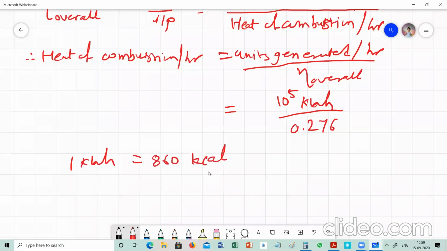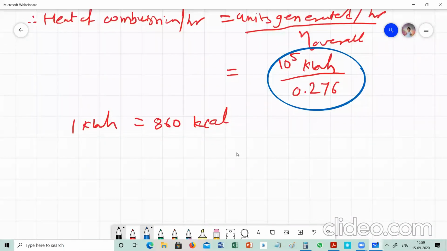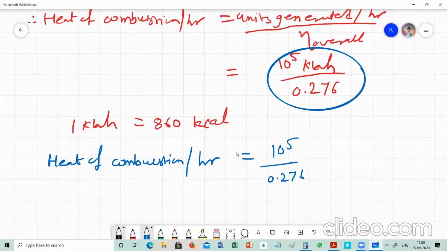By multiplying this number by 860, we get the heat of combustion per hour in kilocalorie. So heat of combustion per hour will be equal to 10 raised to 5 into 860 divided by 0.276 kilocalorie.